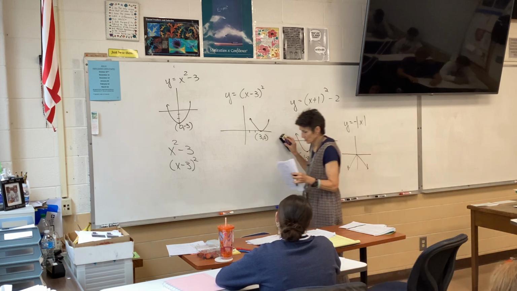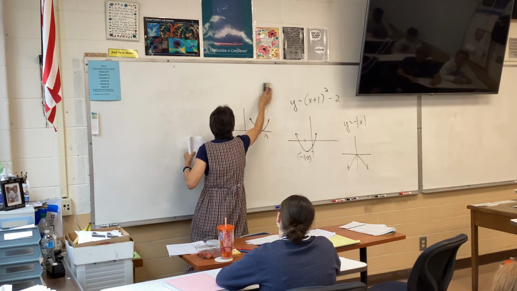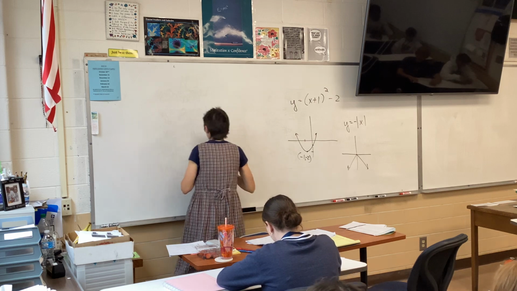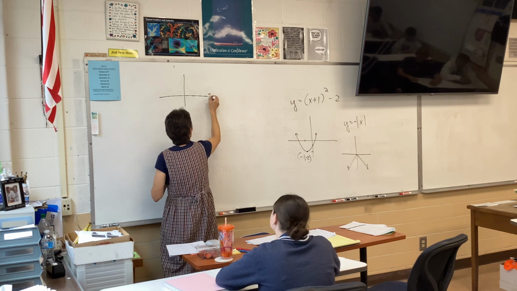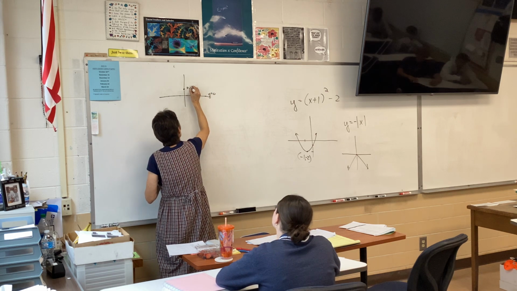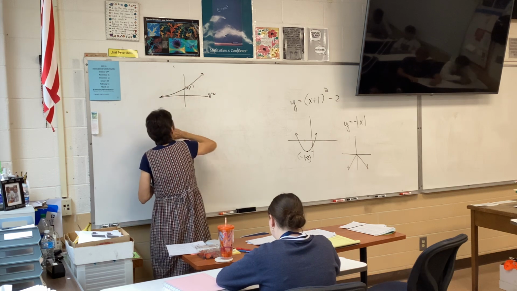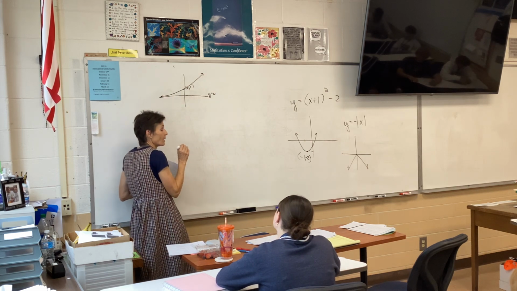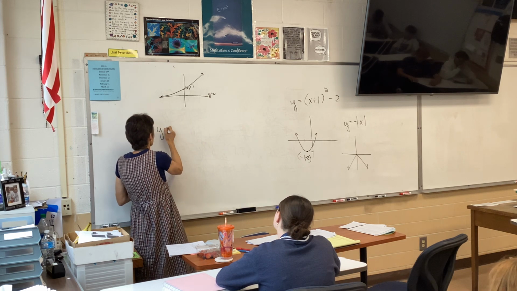Now the next two are exponentials. So I'm going to draw my regular exponential up here. Again, your BFFs are never going away. You have to remember them. So this is the regular exponential.